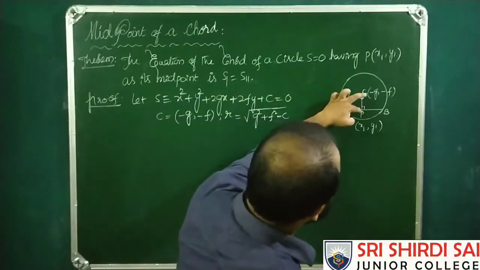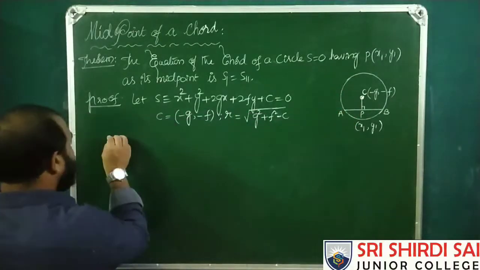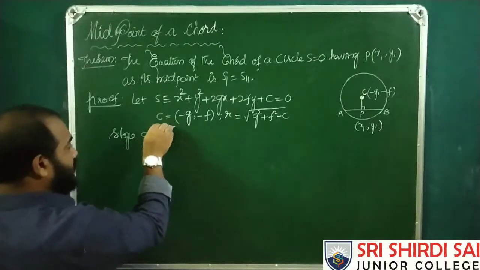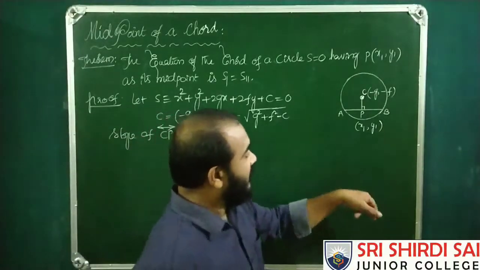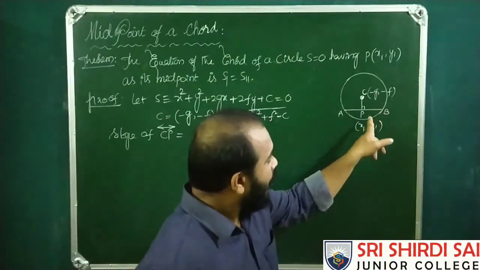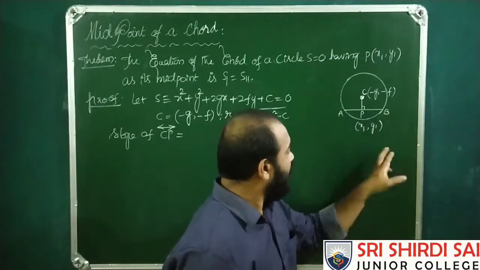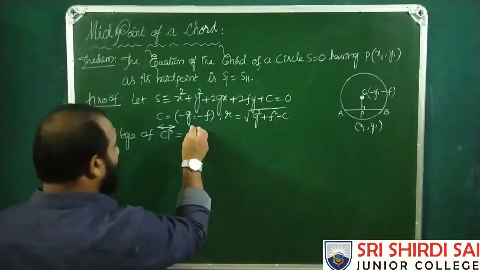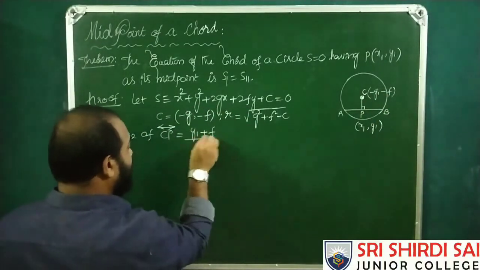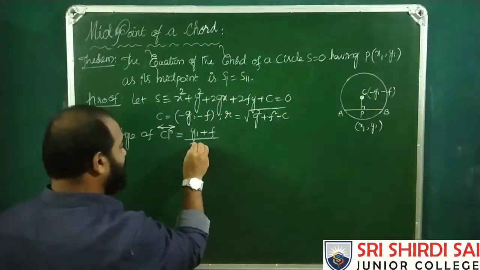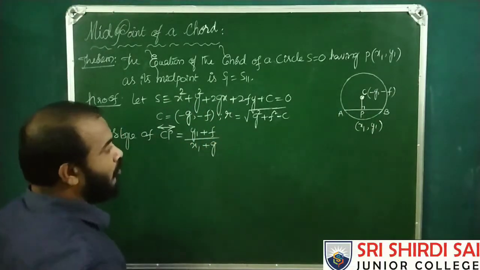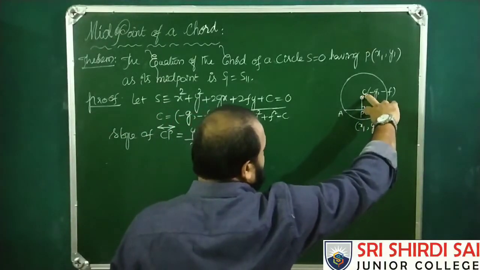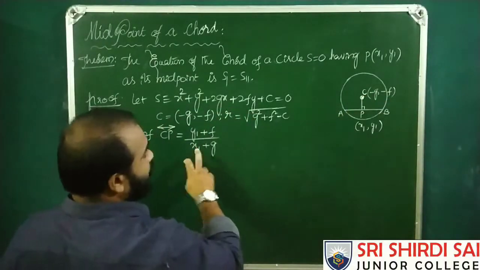So let us find the slope of CP. Two points are there, so difference of ordinates by difference of abscissae: y2 minus y1 by x2 minus x1, that is y1 minus of minus f, so y1 plus f by x1 plus g. This is the slope of CP.